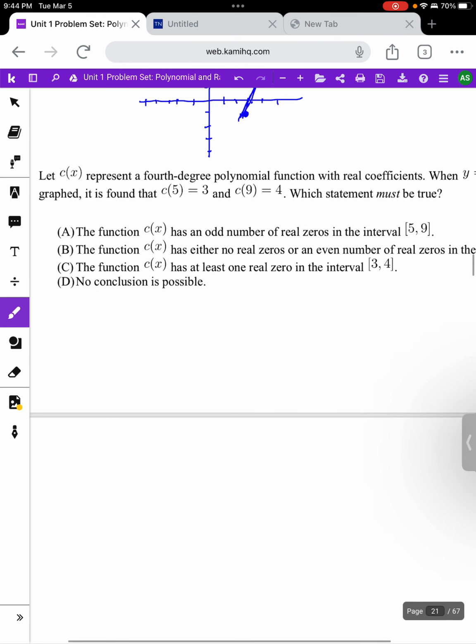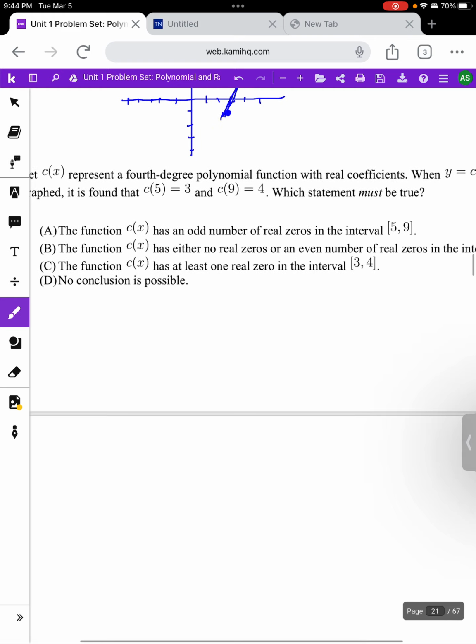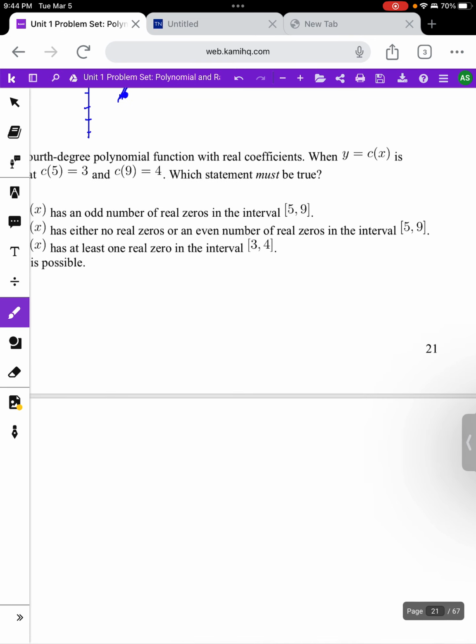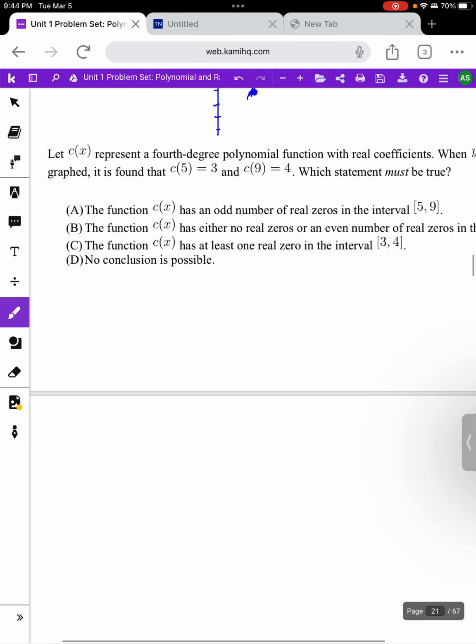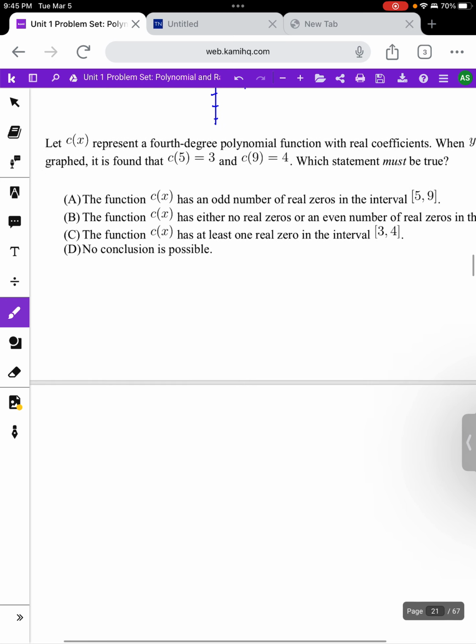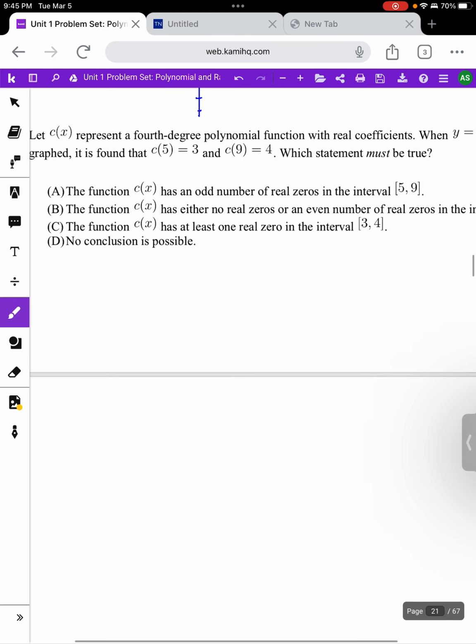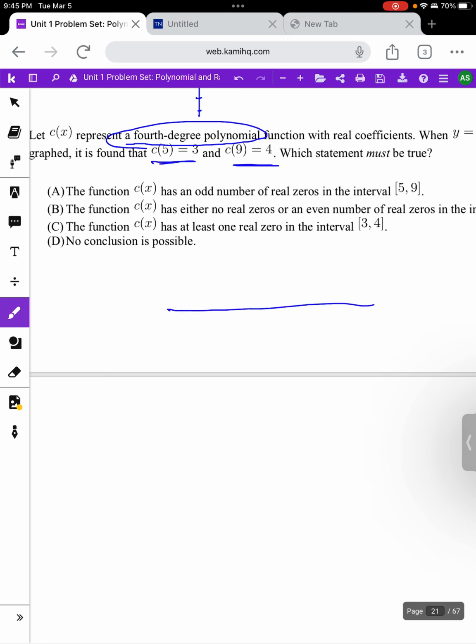C of x represents a fourth degree polynomial function with real coefficients. When c of x is graphed, it is found that c of 5 equals 3 and c of 9 equals 4. Which of the following statements must be true? Okay, it's a fourth degree polynomial. And what this is telling me is I've got 2 points that are above the x-axis, right?